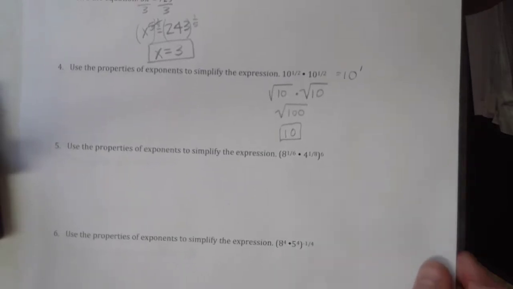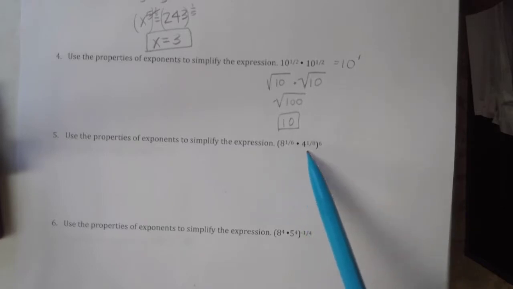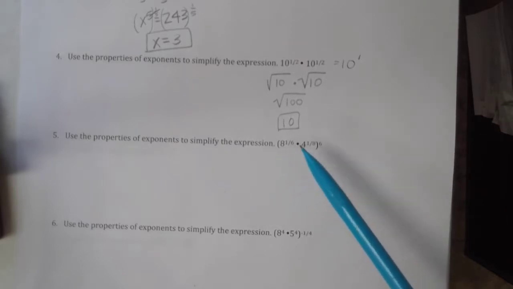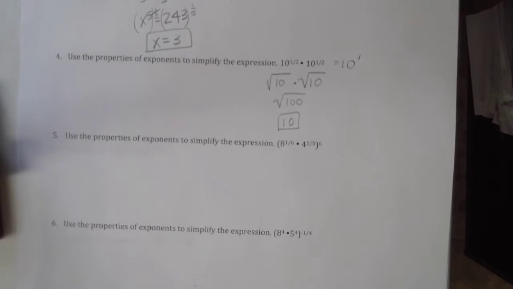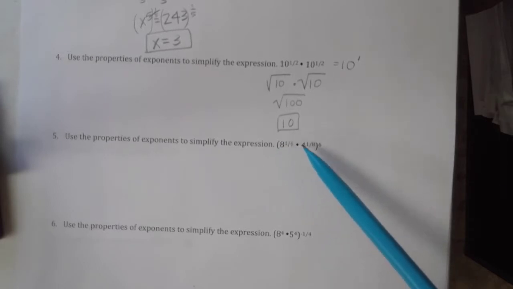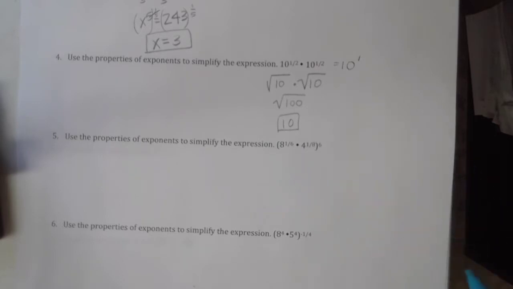For number 5, notice that you have these two things. They are different bases, and so you can certainly put all this in your calculator to check it, but to show your work, you're going to want to change these so they'll have a common base. And the common base that 8 and 4 have is 2.